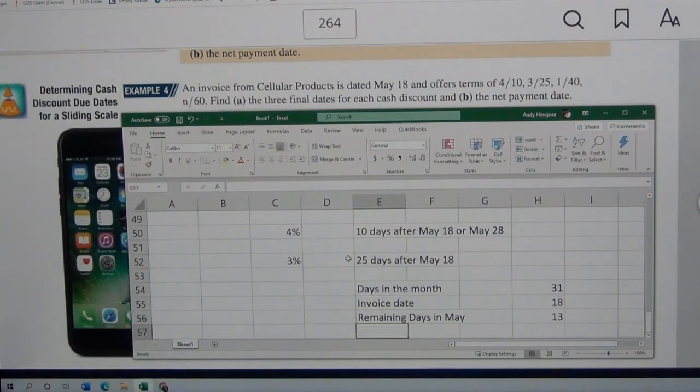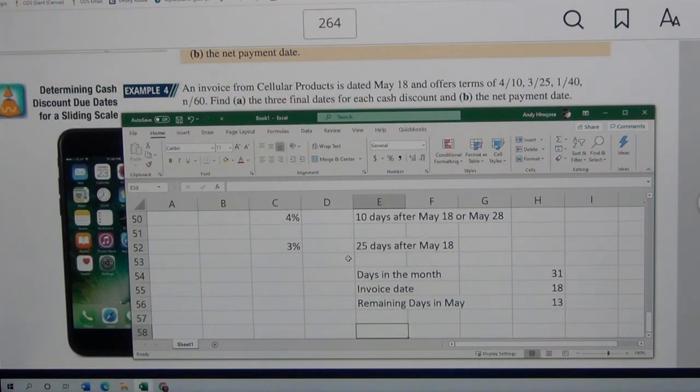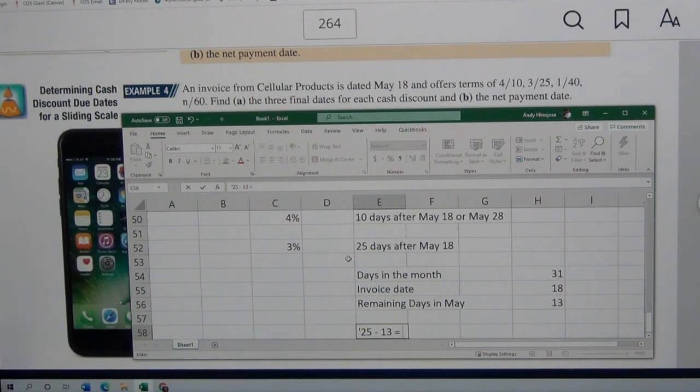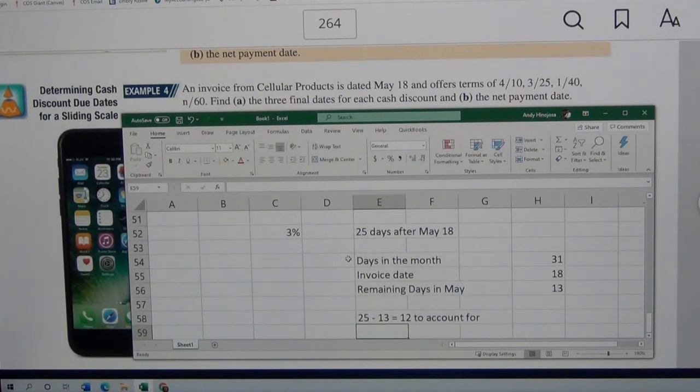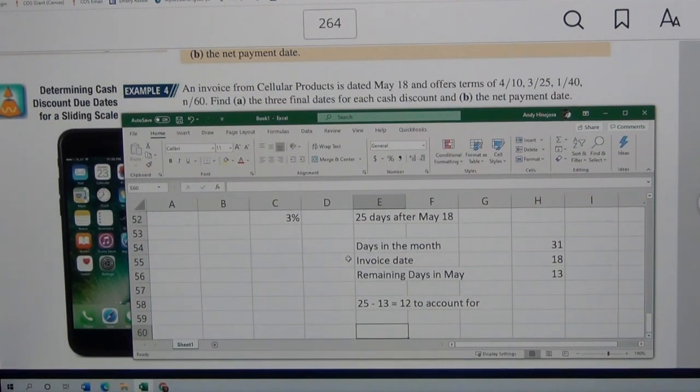That means we've accounted for 13, but we still need to account for another 25. So 25 days minus 13 in May leaves us 12 days to account for. That means those 12 days will be in the following month. So June 12th will be the next discount date.